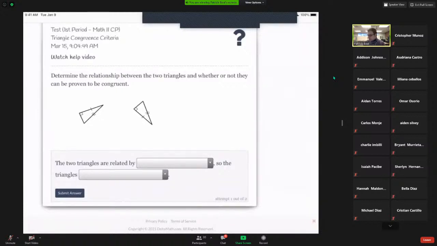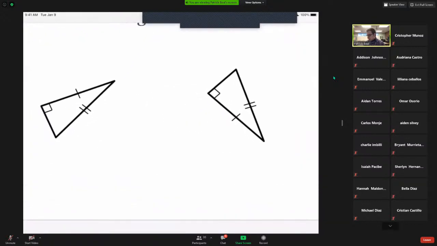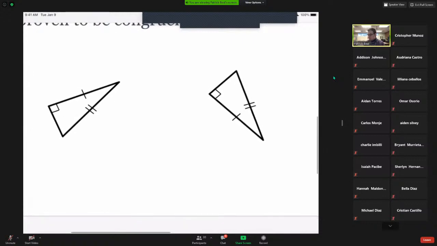So take a look at these two triangles here. You'll notice that there are three pieces of information that are labeled. We have one pair of congruent angles and two pairs of congruent sides.